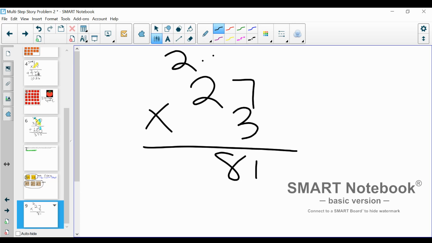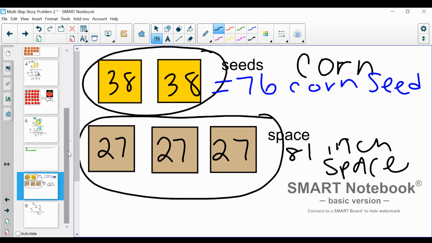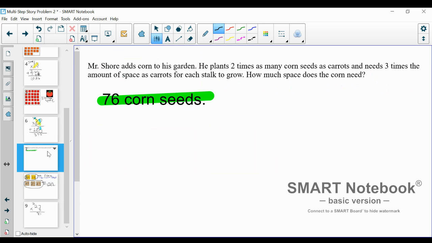So 81. So that means we're going to need 81 inches of space. Because the problem said he needs 3 times as much space for the corn as he did for the carrots, okay? So how much space does the corn need? That's our question here.